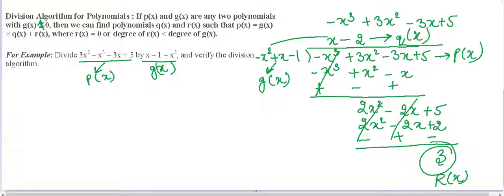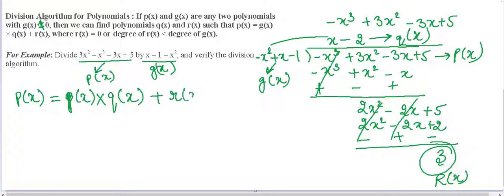Now for verification, it is given that px should be equal to gx into qx plus rx. So you can do it. px is written as minus x cube plus 3x square minus 3x plus 5.